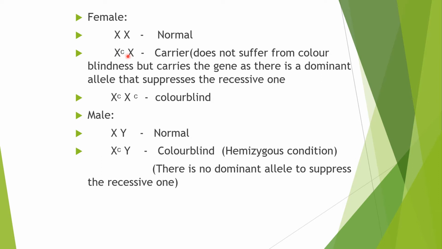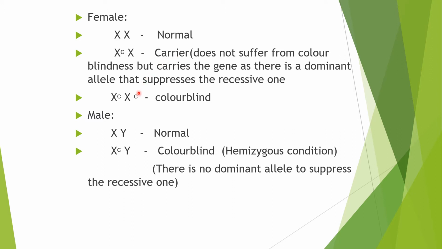So this female is a carrier because she is carrying the gene on one of her X chromosomes, but she does not express the characteristics of color blindness. The reason being the dominant allele is located on the other X chromosome. So she is referred to as a carrier.